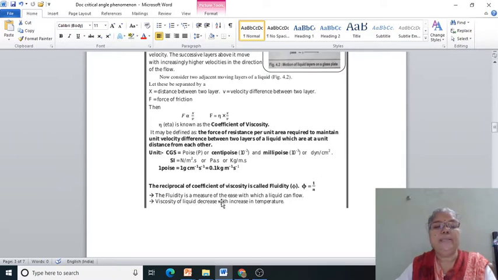The fluidity is a measure of the ease with which a liquid can flow, and the viscosity of a liquid decreases with increase in temperature.